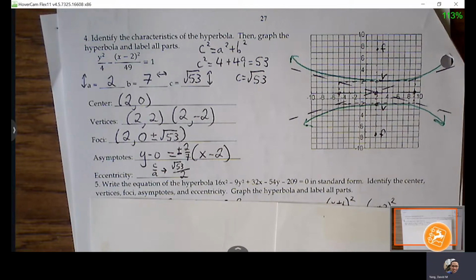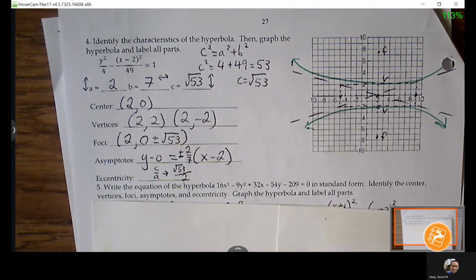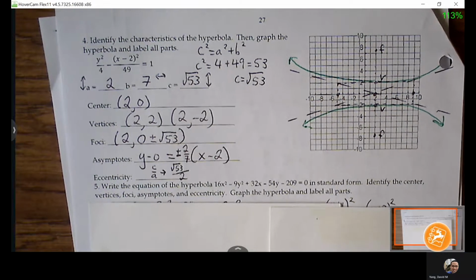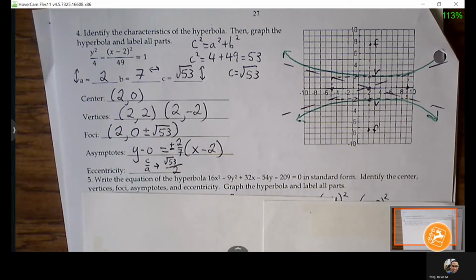It has vertices at its endpoints. All right, any questions with 4?